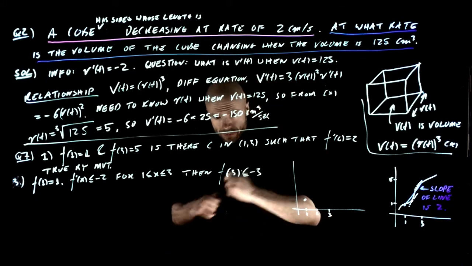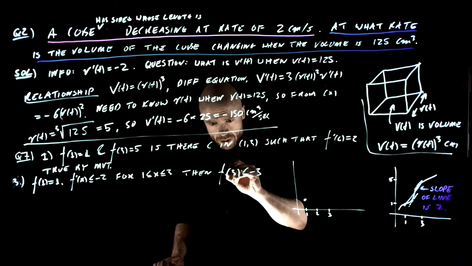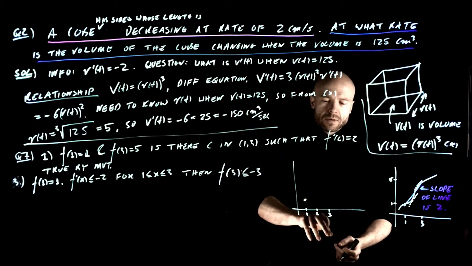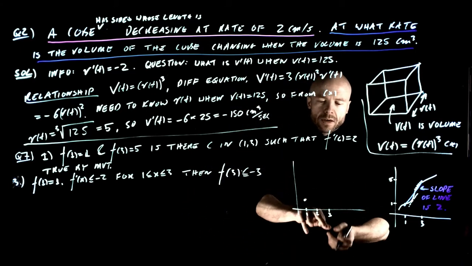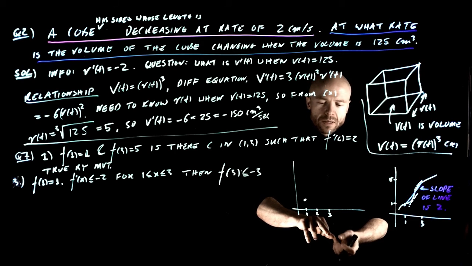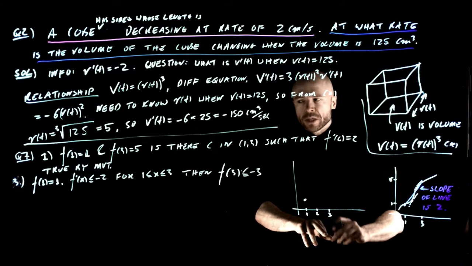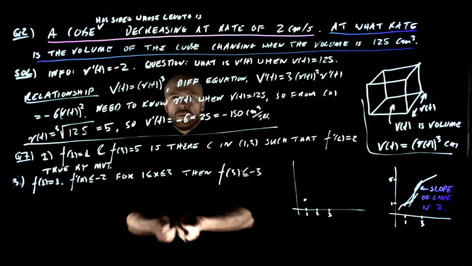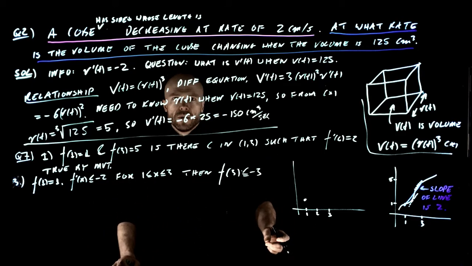So let us think about what's the least amount of going down we could possibly have, what's the least amount down we can be at 3. Since we're going down with a rate of minus 2, every time we go 1 along, we'll go down by minus 2.